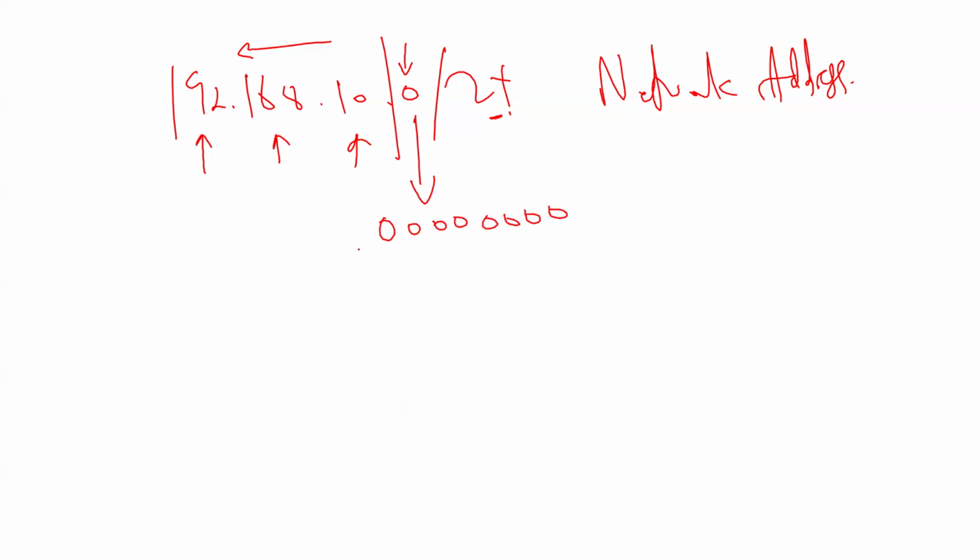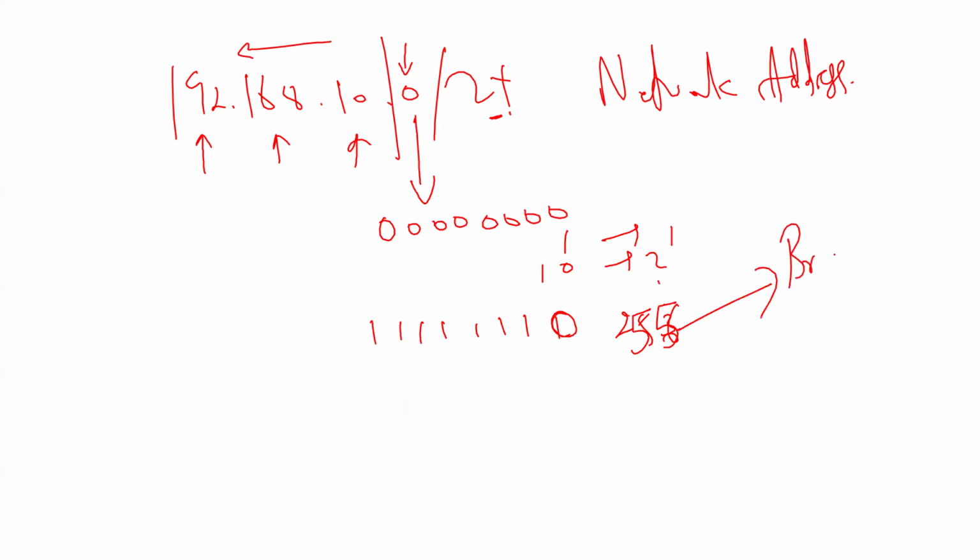If I start with binary, the first value gives me 1, the next gives me 2, then 3, and I continue up until I have all ones, which gives 256. However, I cannot assign the all-ones value. The last value I can assign is 255. This value is what is called the broadcast address.